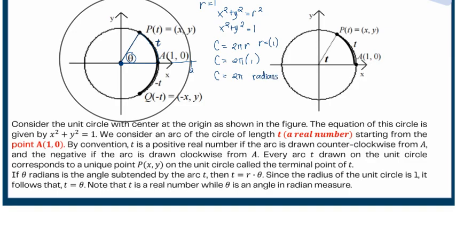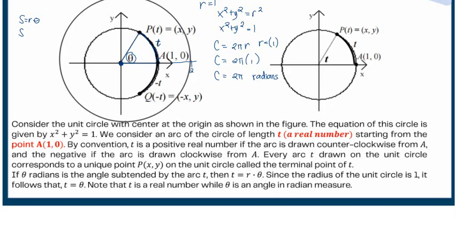So if we take out a certain portion of the boundary only, that is going to be t, which is our real number here, which is called in geometry the arc length of the circle. The formula for the arc length is S is equal to r theta.